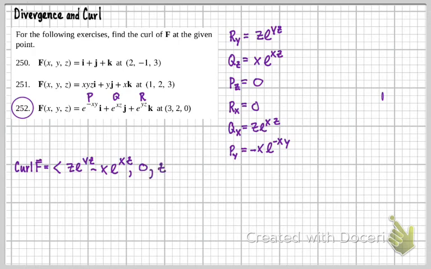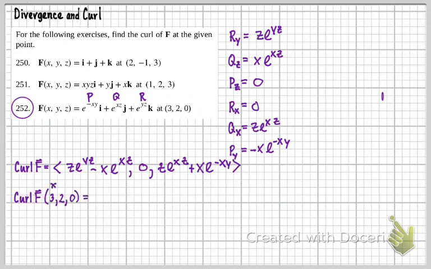And then I have z e to the xz minus, or plus I should say, because that's a negative there, x e to the negative xy. And there it is.